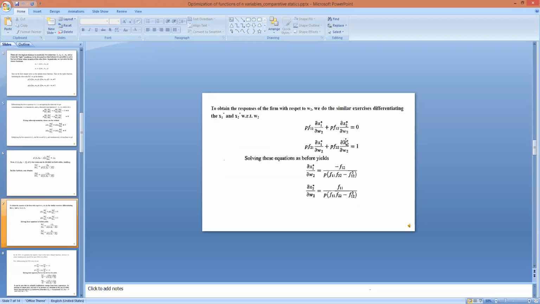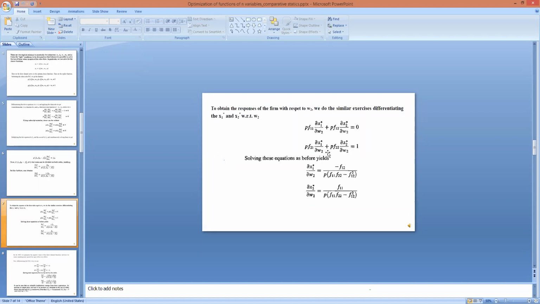Okay, so doing the same thing. First, we are taking the derivative with respect to W2. So P F11 del X1 star by del W2 plus P F12 del X2 star by del W2. Then P F21 del X1 star by del W2, P F22 del X2 star by del W2.